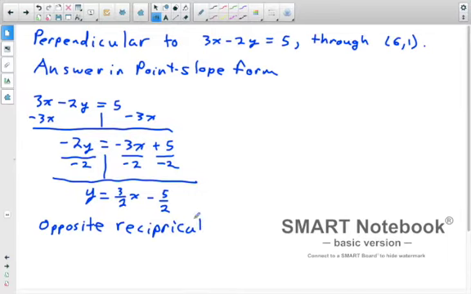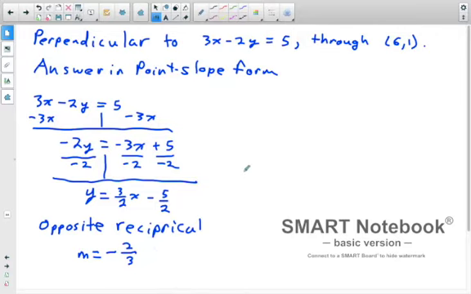So the opposite reciprocal: we take the negative because that's opposite, so negative. Reciprocal means that the numerator and the denominator of our fraction trade places. So negative 2/3. This is the slope that I want to work with.